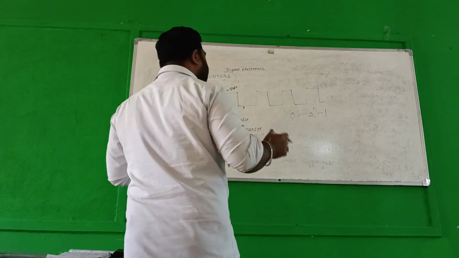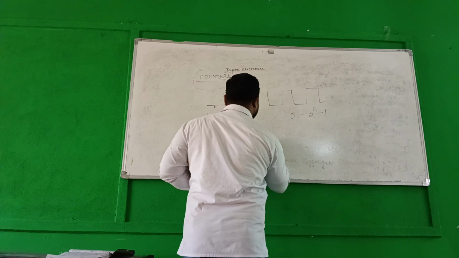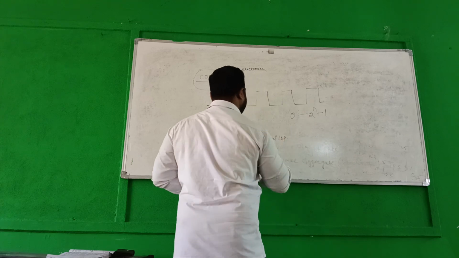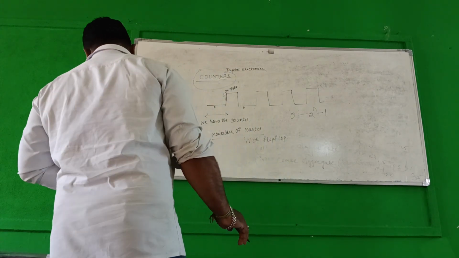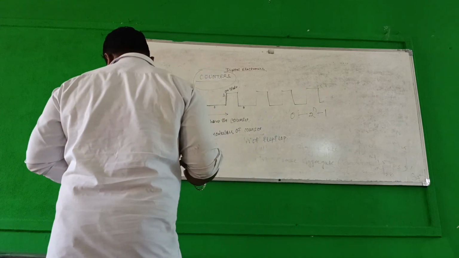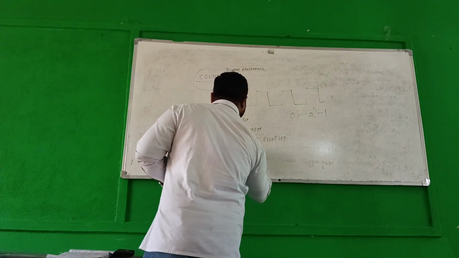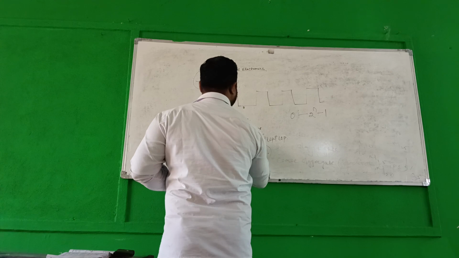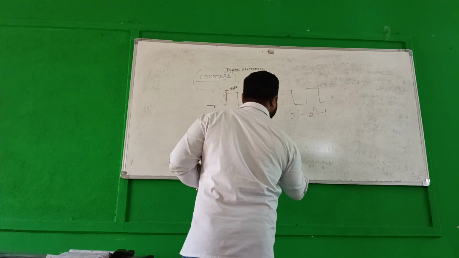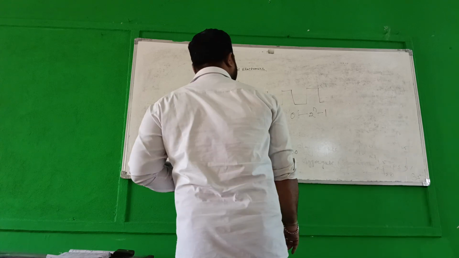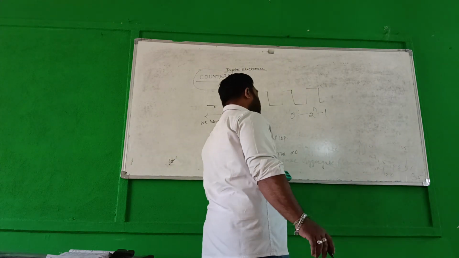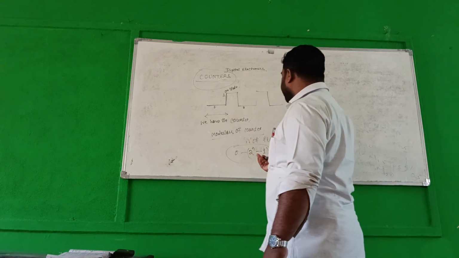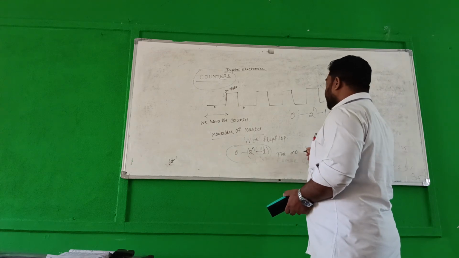A counter with n flip-flops can count in binary from 0 to 2 to the power n minus 1. By this, we find the modulus of the counter. Means it may be modulus 2, modulus 5, modulus 10. By counting the n number of flip-flops, we can find the modulus of the counter.